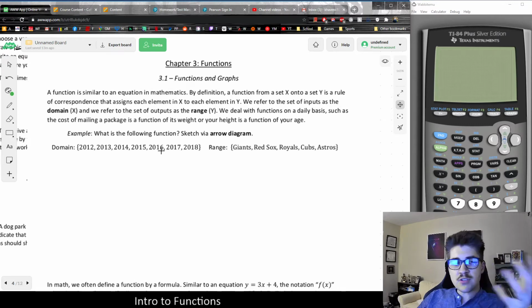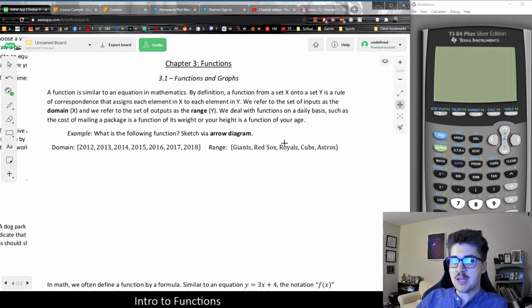If you're just looking at these two things, this is not a mathematical function. I'm just trying to illustrate a real example of the correspondence. Basically, you could probably guess that on the left-hand side, the domain is a set of years, and the range is a set of baseball teams.